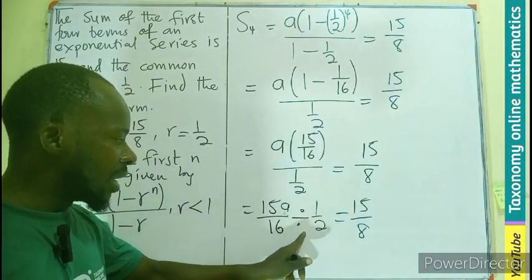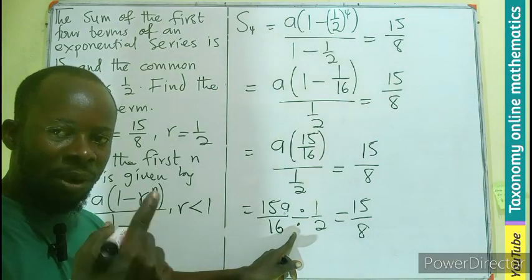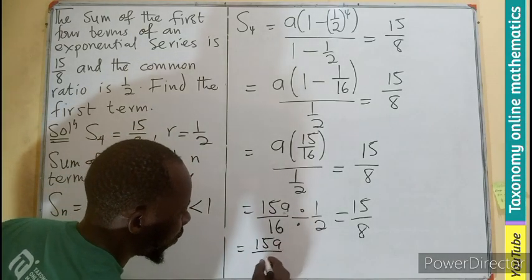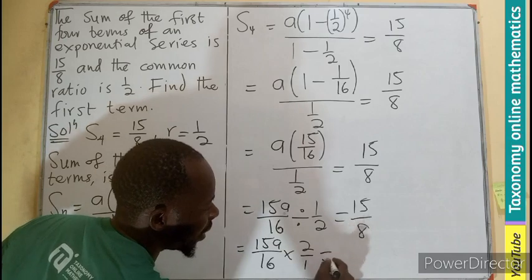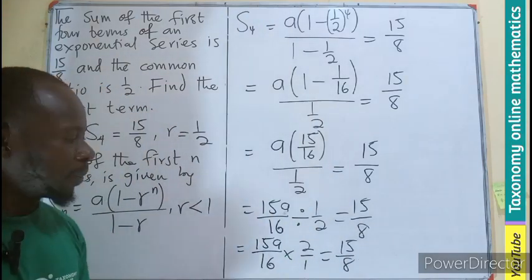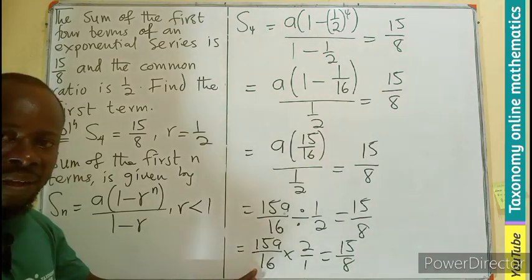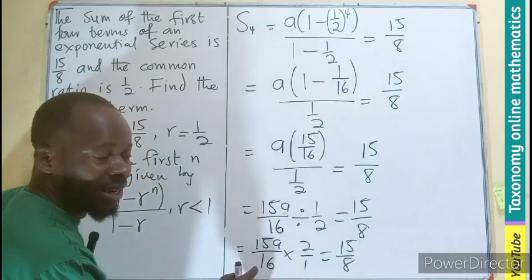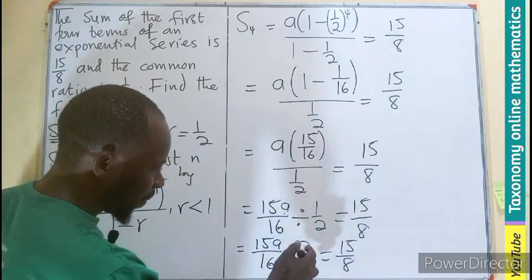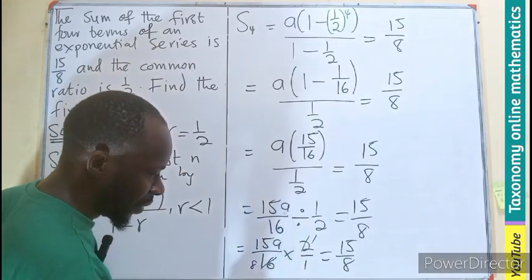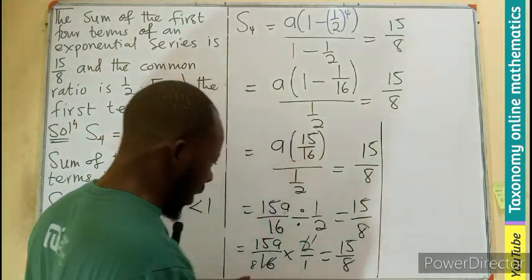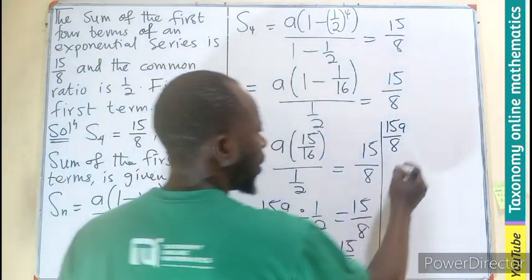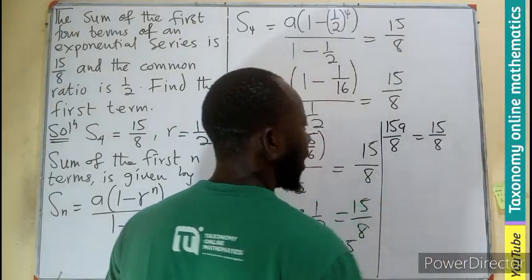I change the division to a multiplication and reciprocate the second fraction, meaning 15a over 16 times 2 on 1 equals 15 on 8. Then 2 can easily divide 16, so I'll be having 1 here and 8 there. So what do I have? I'm having 15a divided by 8 equals 15 over 8.